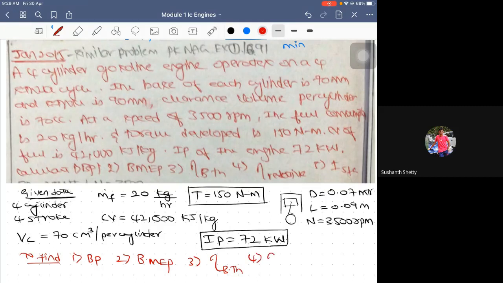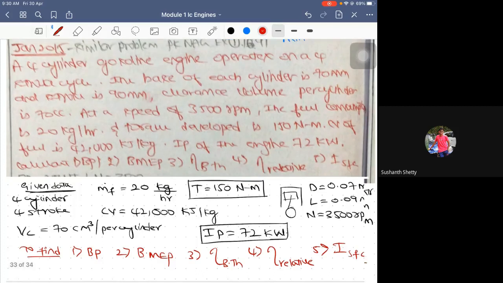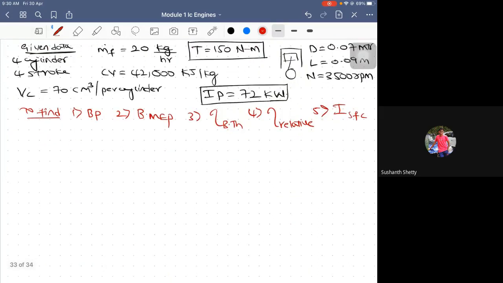Fourth, the relative efficiency. And fifth, the indicated specific fuel consumption. So all these parameters you have to calculate. One by one, let us see. Okay. Let us go with the solution.